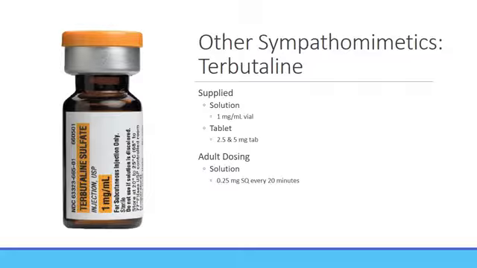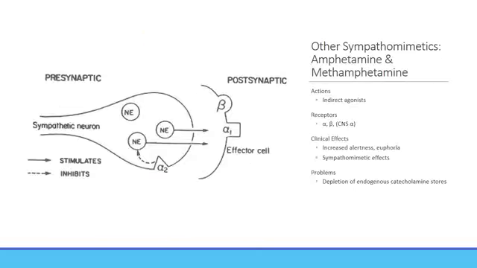The typical adult dosing in terms of the vial is we're going to give 0.25 milligrams subcutaneous every 20 minutes. And I think this is really a good adjunct to treating your asthmatic patients that maybe are having recurrent or status asthmaticus.